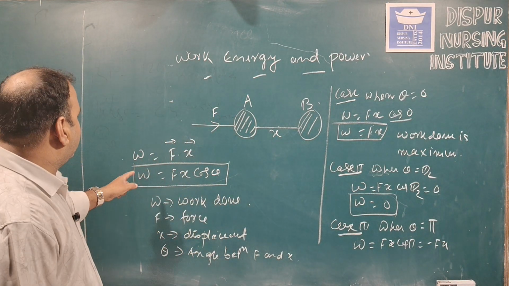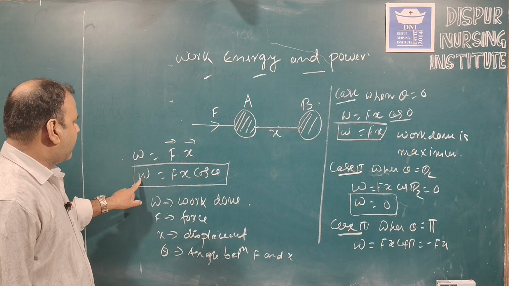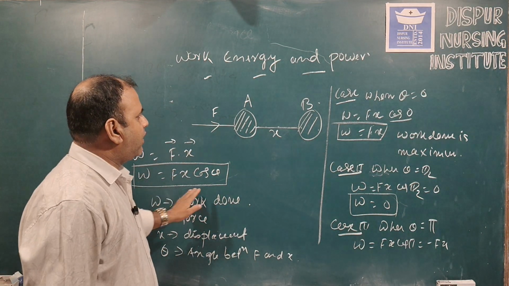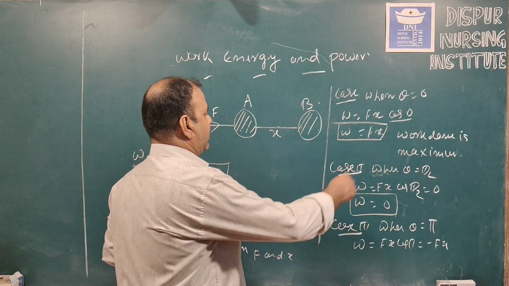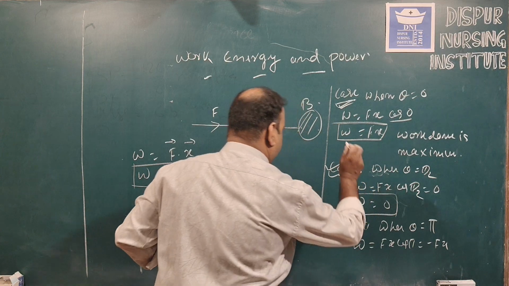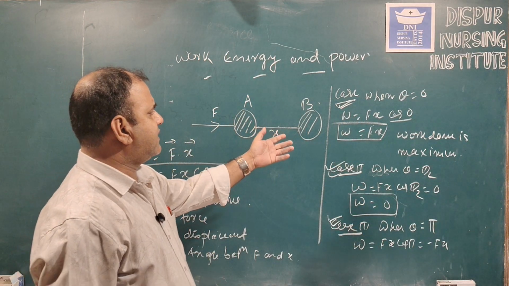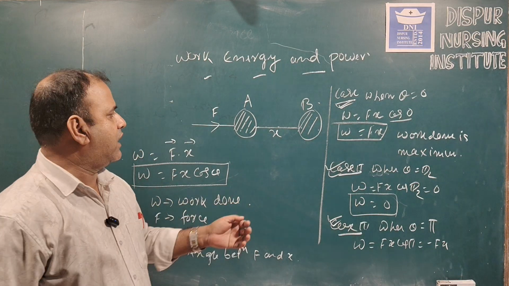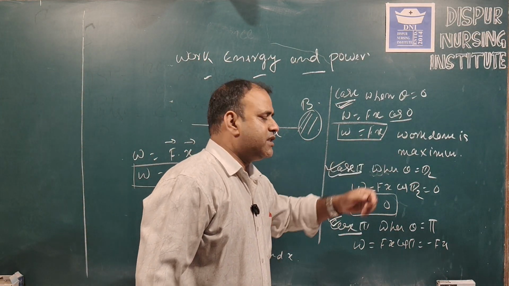In the case of work, you remember W is equal to F x cos theta. This is the normal formula, and from this formula we can write 3 conditions: case number 1, case number 2, case number 3. In case number 1, when theta is equal to 0, W is equal to F x, which means work done is maximum.